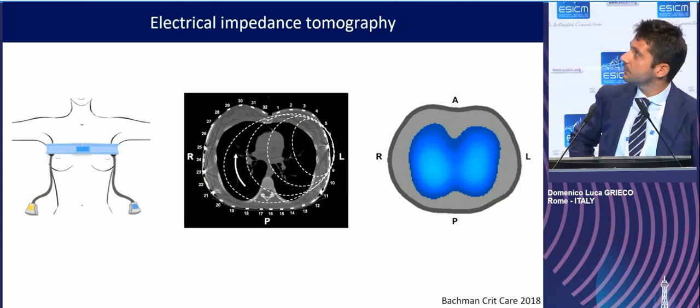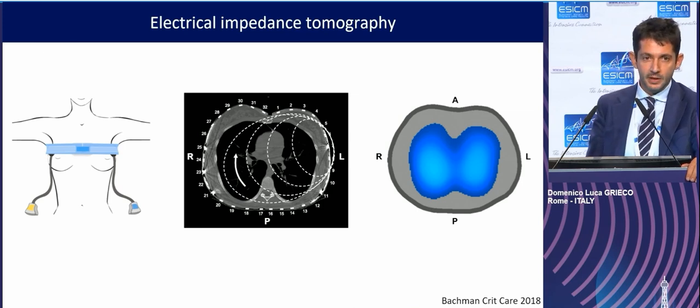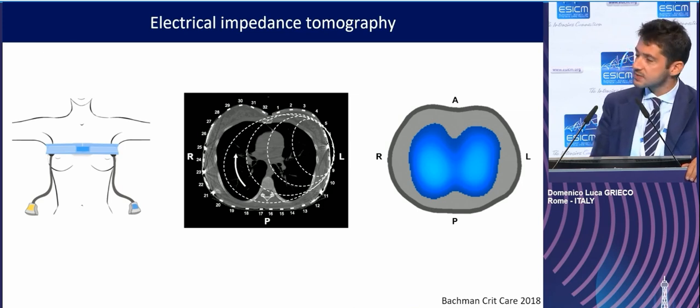So, electrical impedance tomography is a non-invasive, radiation-free technique in which a belt is placed around the thorax.